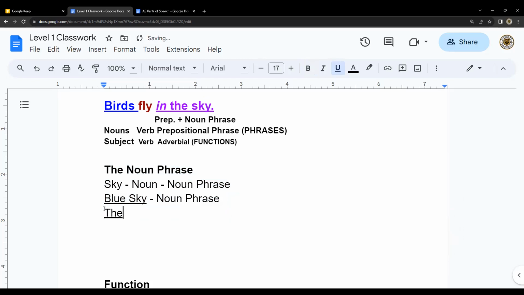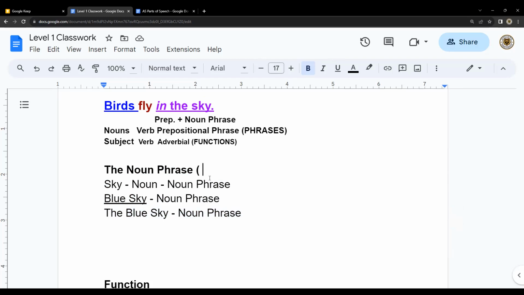También podemos poner the blue sky. And this is a noun phrase. So in our example, nuestro ejemplo tenemos the sky, que es the article and the noun. Article, noun.